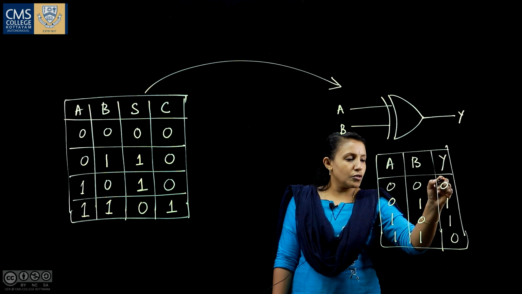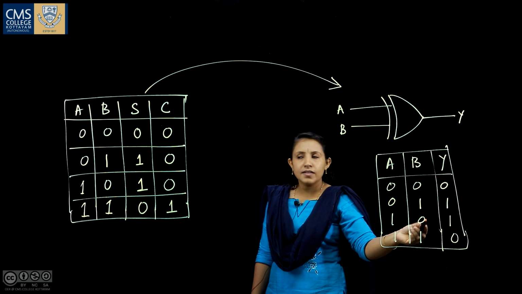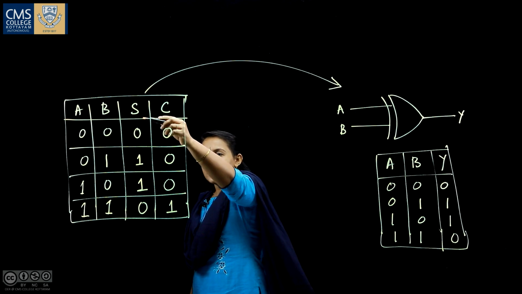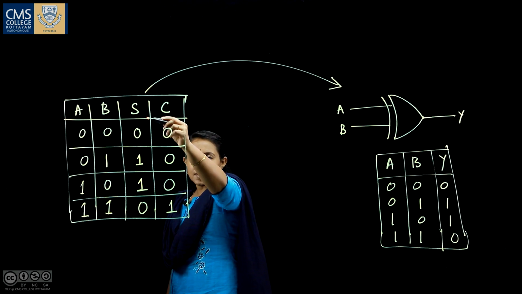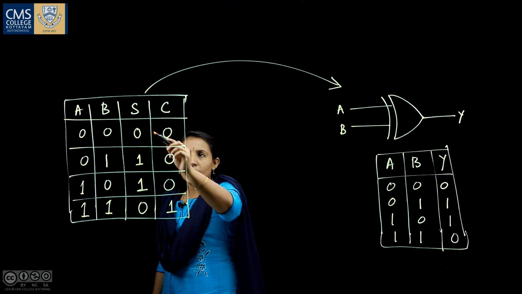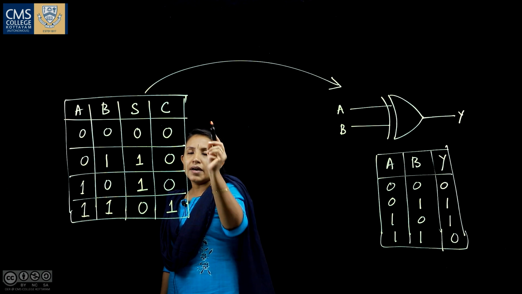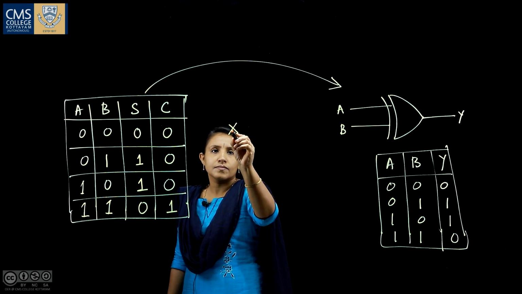So, look at the output of an XOR gate. It is similar to that of the sum column here. So, you can represent this sum by an XOR gate.